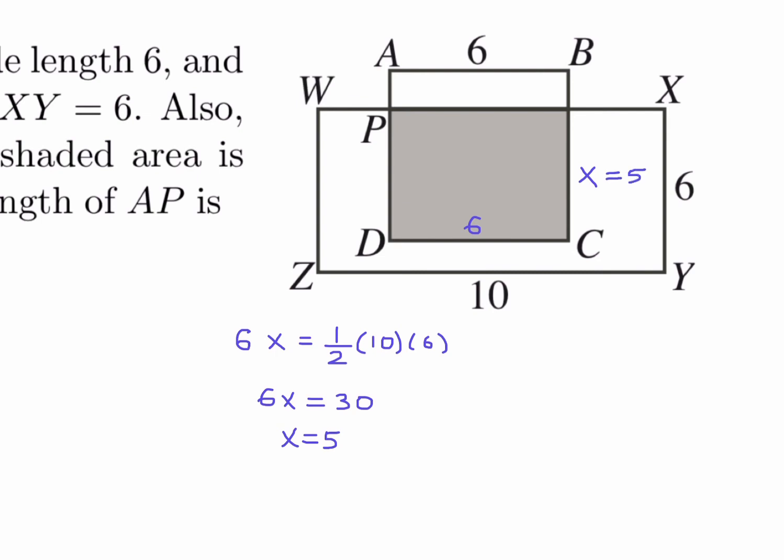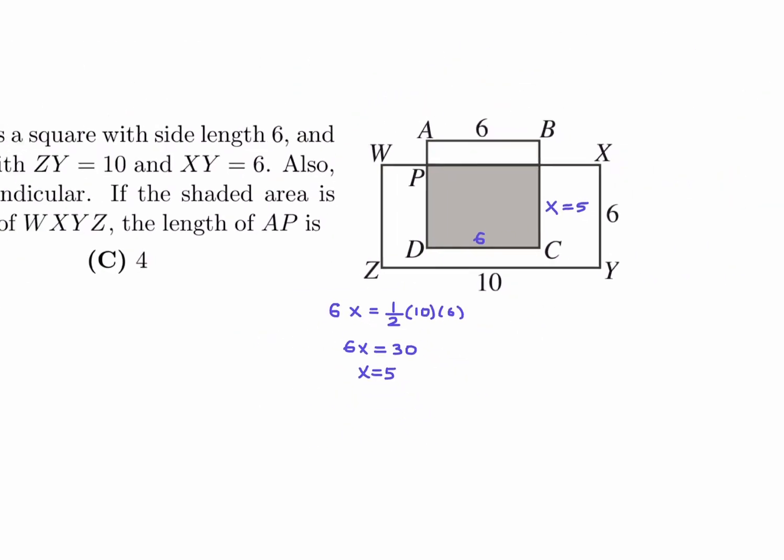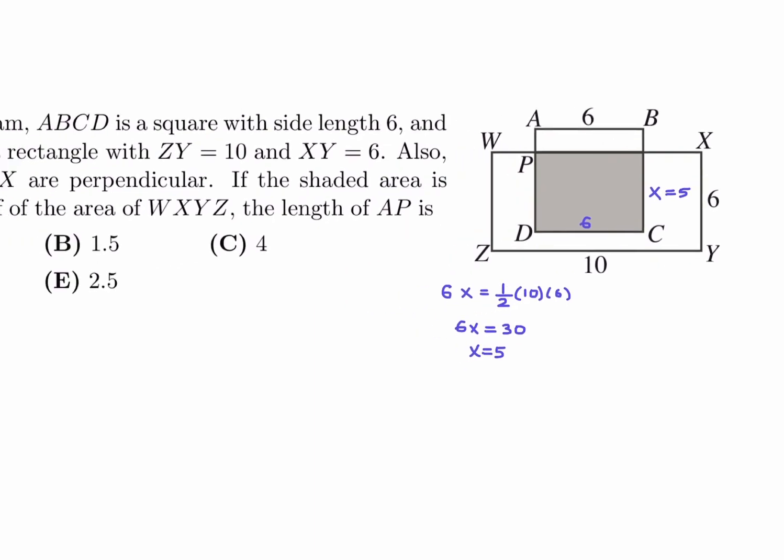Now, they tell us, if you remember, that this is a square, ABCD. So this is a square, and because it's a square, this side will also be equal to 6. So from B to C, that total region is 6. And very similarly, this total region is also 6.